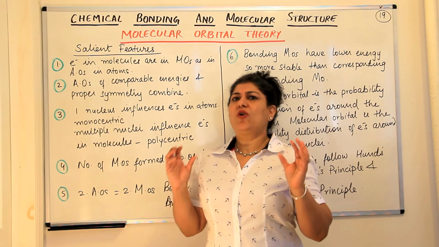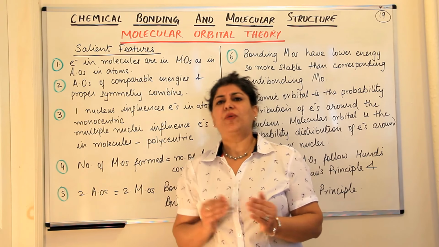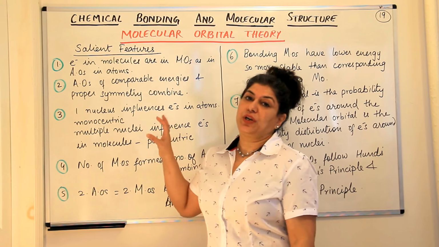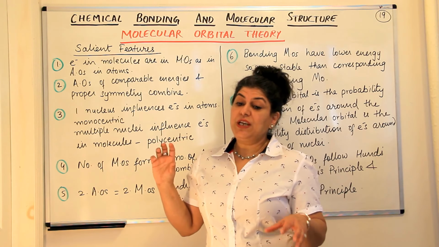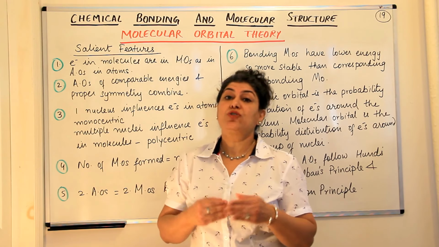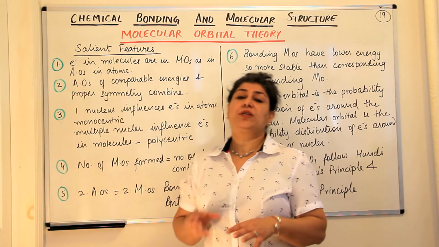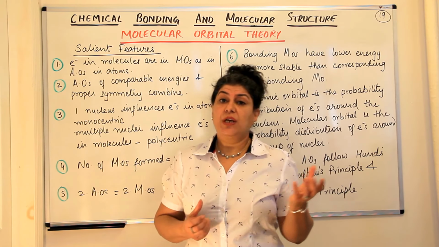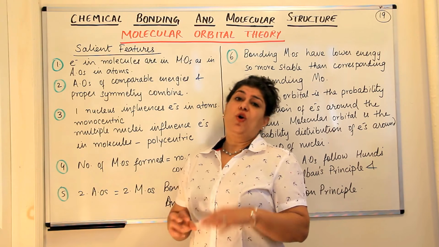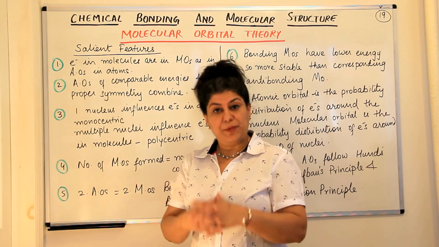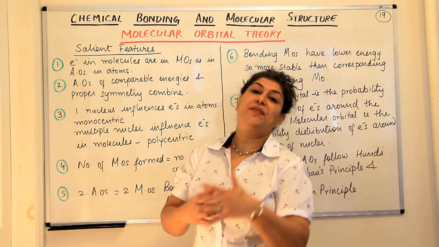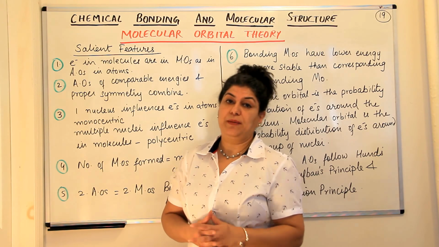But the concept of only the valence orbitals overlapping is expanded in the molecular orbital theory. MOT believes that it is not just the orbitals of the outermost shell, or only those orbitals which are half-filled like we talked about in hybridization. They should either be half-filled or completely filled in order to hybridize, and then the half-filled orbitals overlap and result in the formation of sigma and pi bonds.